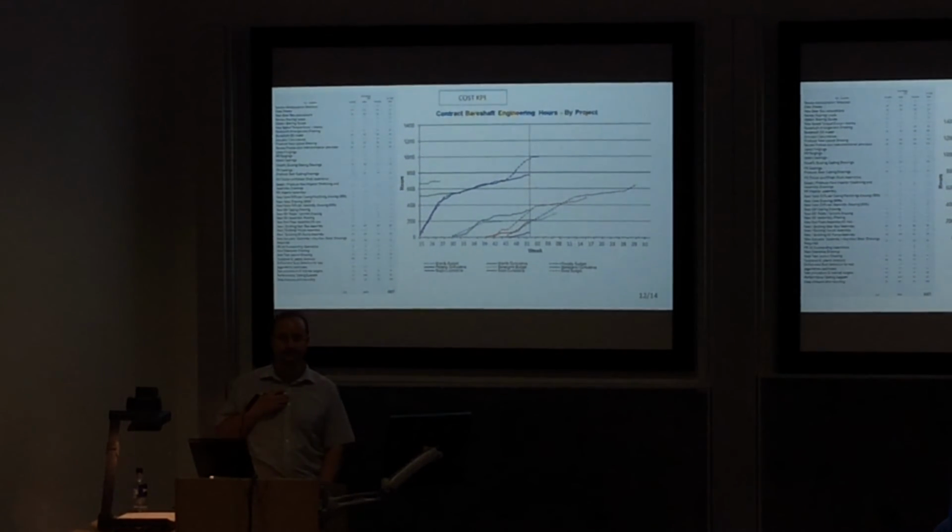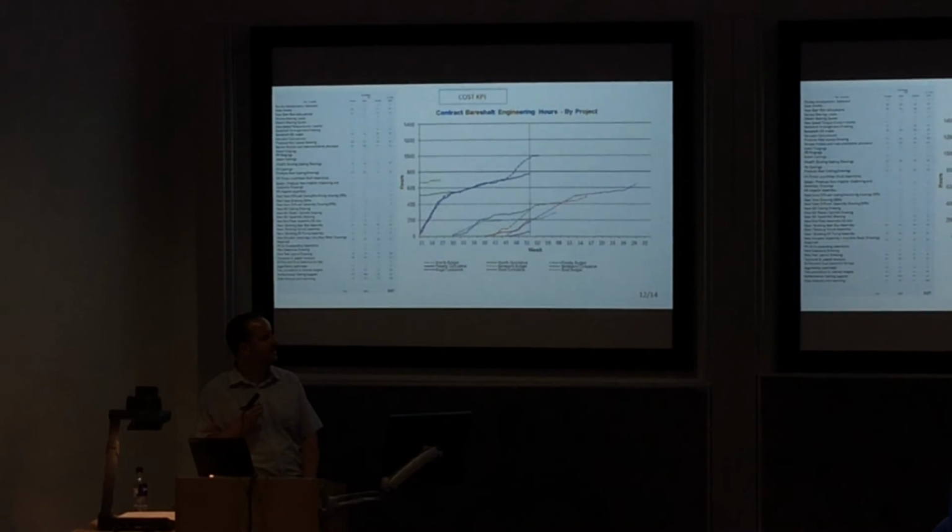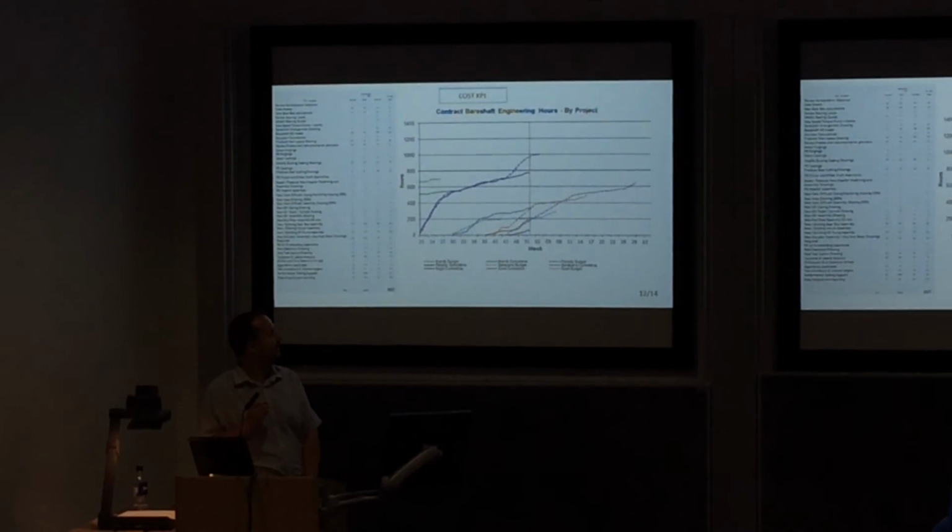And as a manager, it was important to me to make sure when we overspent, such as here, we knew exactly what we had done that caused us to overspend. And that project, Saturday, overspent. We ended up spending twice as many engineering hours on it compared to the time that was allocated to it before.